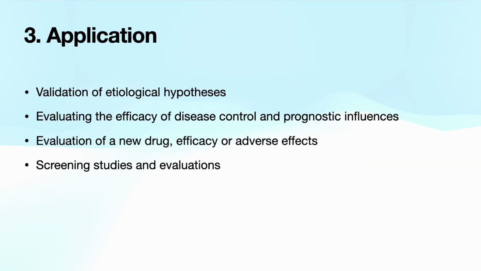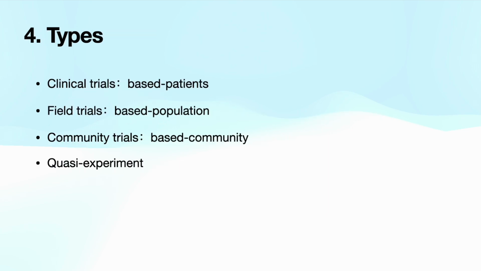It has several applications like validation of etiological hypotheses, evaluating the efficacy of disease control and prognostic inferences, evaluation of new drug efficacy or adverse effects, and screening studies and evaluations. It has 4 types: clinical trials based on patients, field trials based on population, community trials based on community, and quasi experiments.